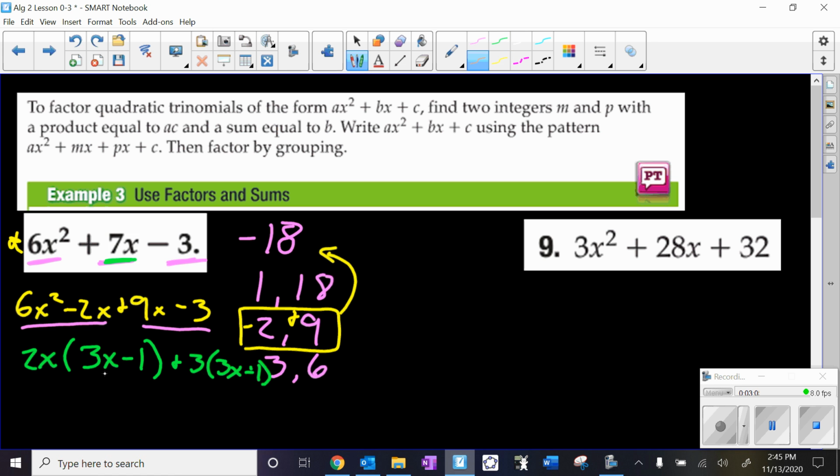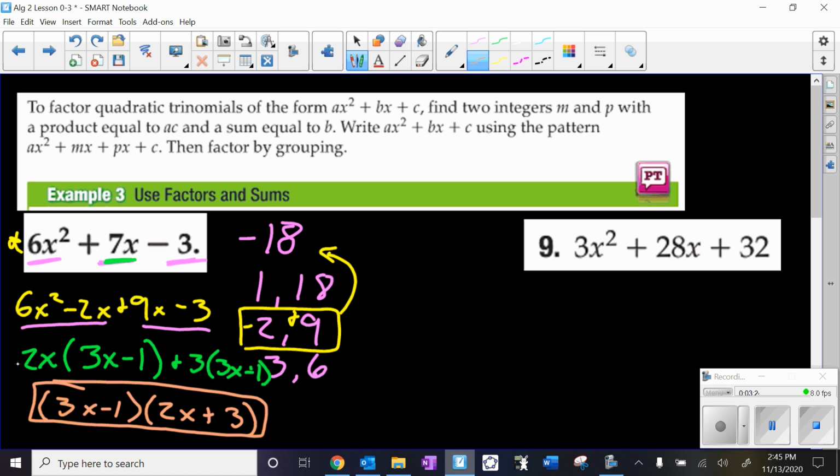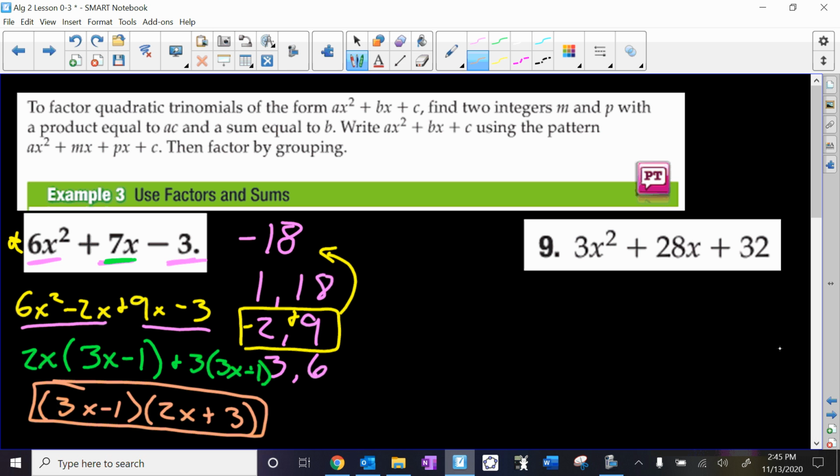So now I'm going to factor out my 3x minus 1. When I factor out a 3x minus 1 from my first term, I'm left with 2x. And when I factor out 3x minus 1 from the second, I'm left with positive 3. And that's how you're going to factor when a is not equal to 1.